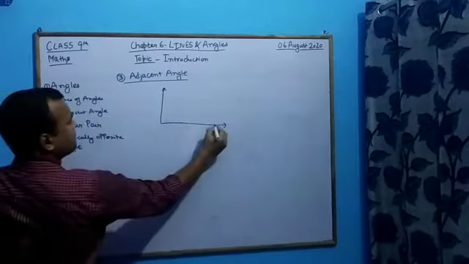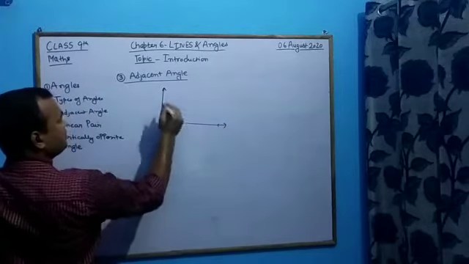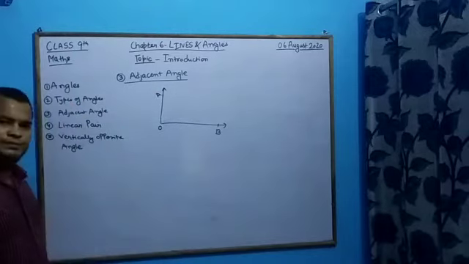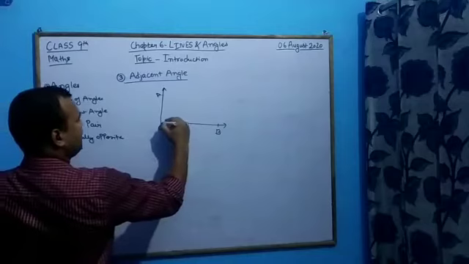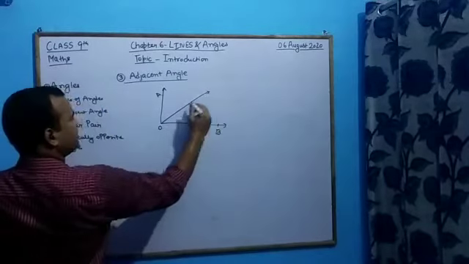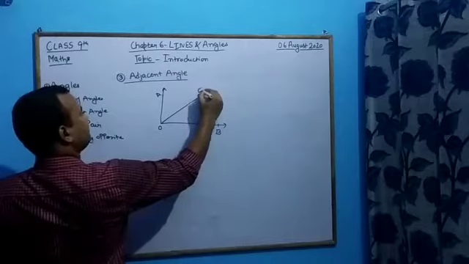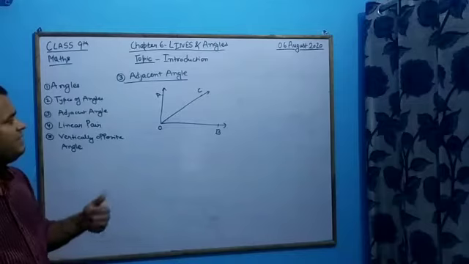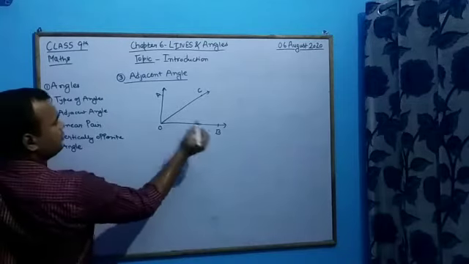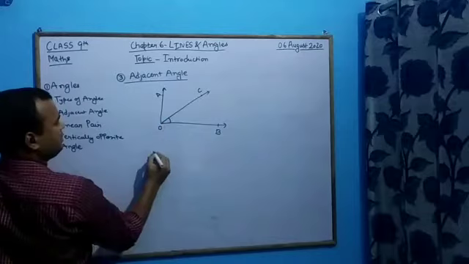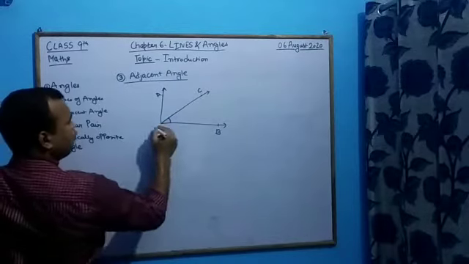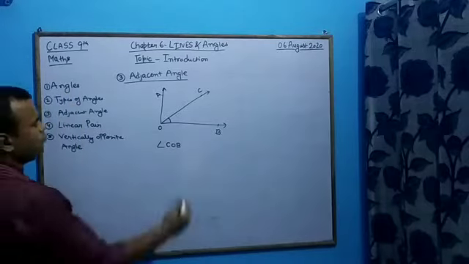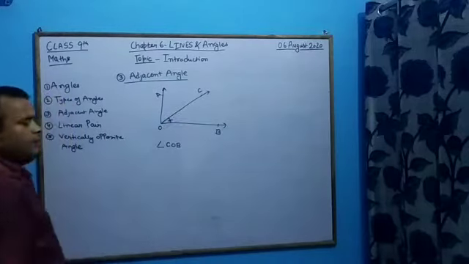Let us mark it as O, A and B. Let us draw one more ray and mark it as C. If we take two angles, let us write one angle as COB. When we talk about angle COB, I am referring to this angle.